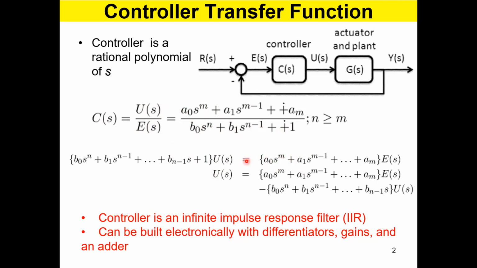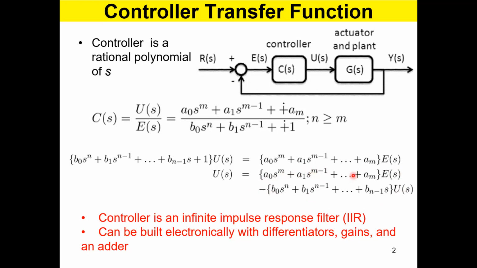And then I isolate U(S) over here. This is the control signal output, and I put all the other terms to the right hand side. So take a minute to understand these contents. This is the generic content of controller implementation.